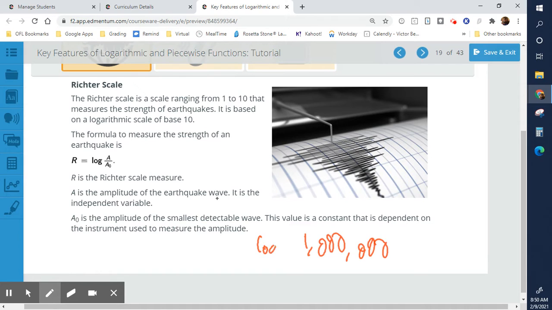Log base 10 of 1,000,000 is just going to pop out a 6, because it's 10 times itself 6 different times. Base 10 is really useful, because we just count the zeros. It's the easiest way to think of base 10.